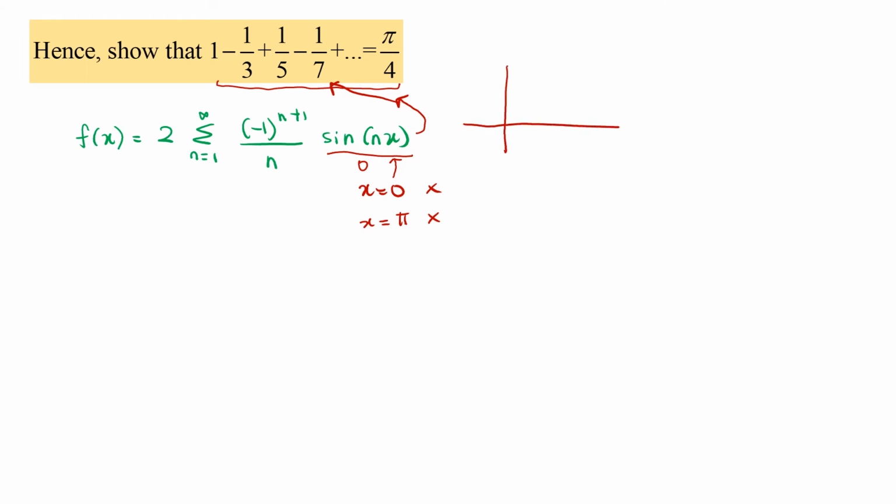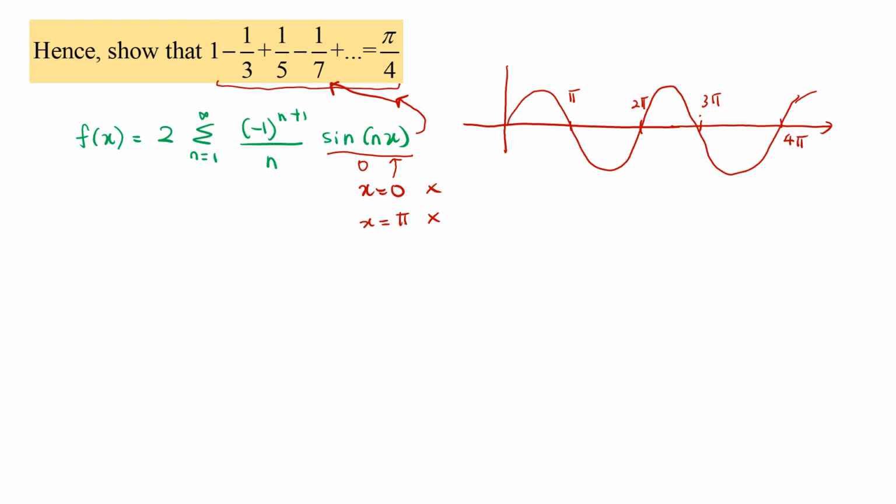So the best way is to choose something that has a nonzero value of sine, where we know that this is pi, this will be 2 pi, 3 pi, and 4 pi.